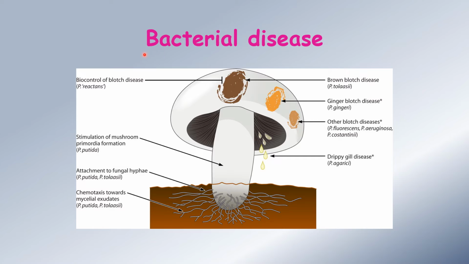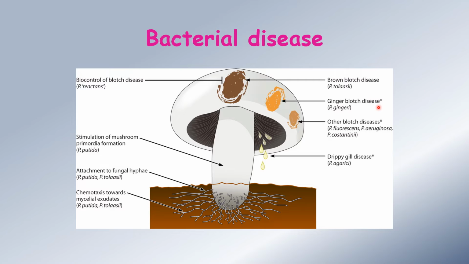And these are the examples of bacterial diseases on mushroom. The blotch diseases are classified by the different colors on the pileus of the mushroom. Examples: brown blotch disease, ginger blotch disease, and other blotches. Brown blotch disease is characterized by a brown, chocolate brown color on the pileus of the mushroom.